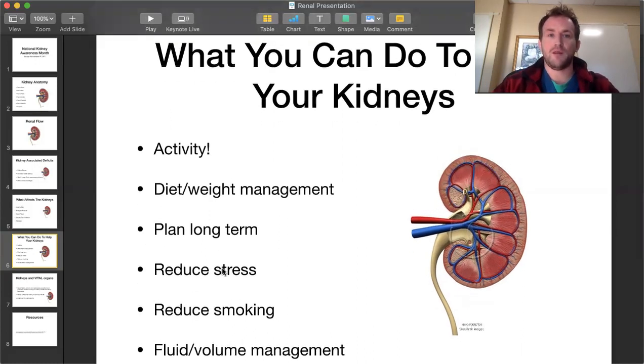Having a long-term plan, not only implementing those strategies now, but implementing them for the rest of your life, gives your body the best chance to maintain homeostasis, keeping good fluid management, keeping a good diet, and making sure every vital organ can work properly, making sure your brain can work properly, and being proactive, making sure that if you do have a problem, you see the doctor and it is treated medically before it becomes a bigger problem.